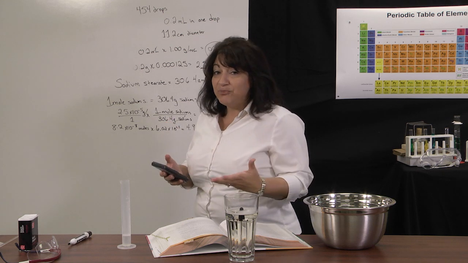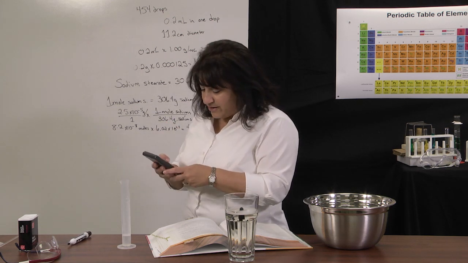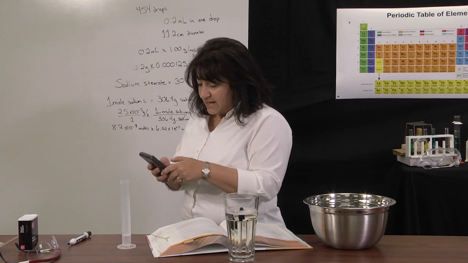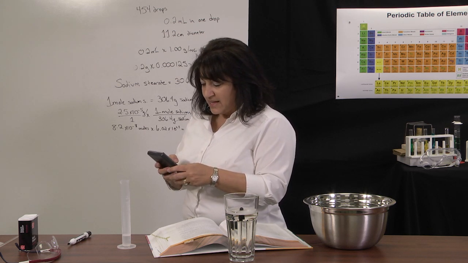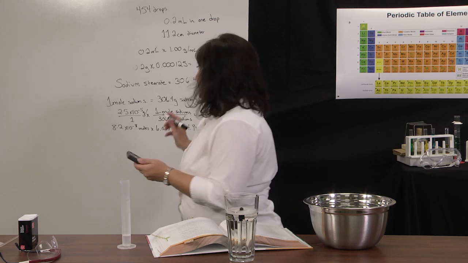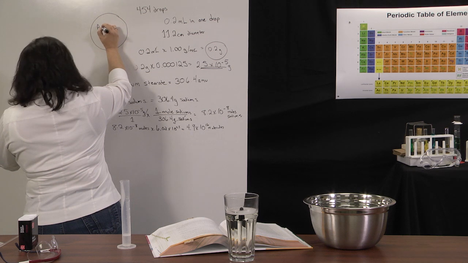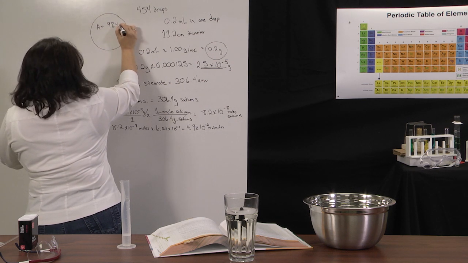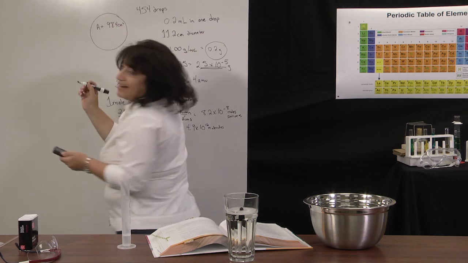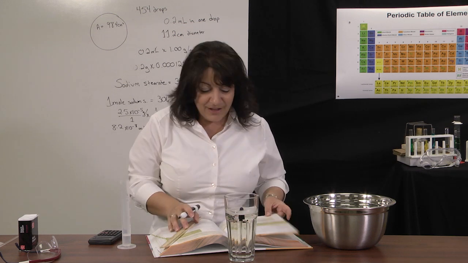My radius is 5.6 centimeters, and that squared times pi, which is 3.14, which we'll use. Okay, so the area of my circle, I'm just going to draw a circle here. 98.4 square centimeters is the area, using pi r squared as the formula.